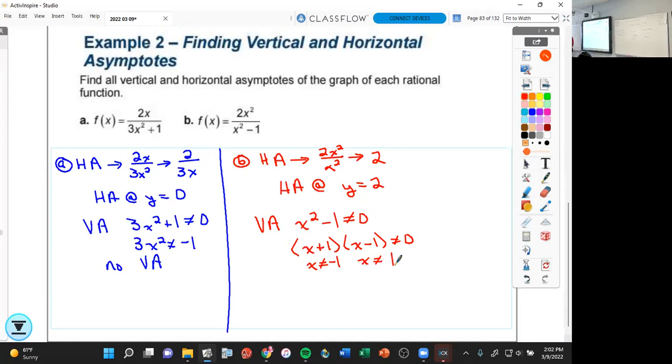Again, this is talking about the domain. So what happens at x equals 1 and x equals -1? I have a vertical asymptote at x equals -1 and at x equals 1. That is the location of my 2 vertical asymptotes.